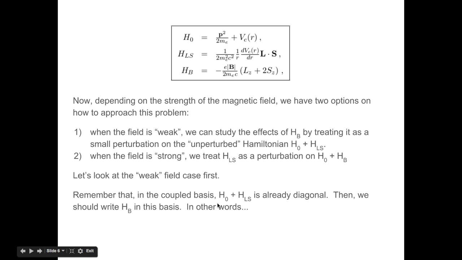What we want to remember is that last time we saw that the unperturbed Hamiltonian and the spin-orbit Hamiltonian are diagonal in the coupled basis. So it makes sense to rewrite this HB in the coupled basis. Remember, in the coupled basis, the good quantum numbers involve J, the total angular momentum.